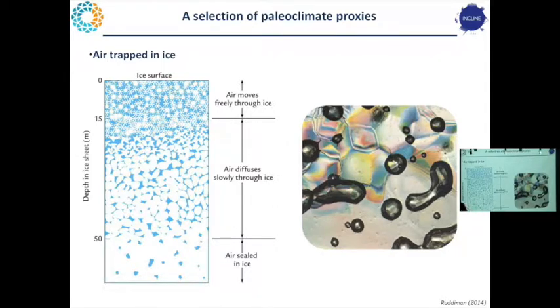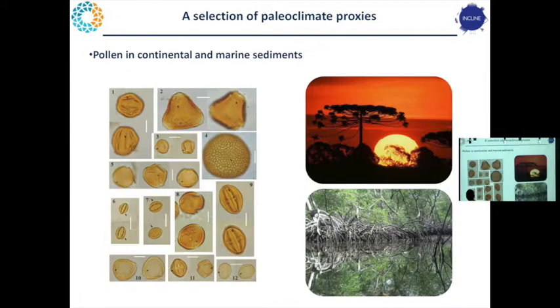Well, this is extremely important because we can quantify, with a very high degree of certainty, concentrations of the main greenhouse gases present in the atmosphere, CO2, CH4, and N2O, as I'll show you later on.